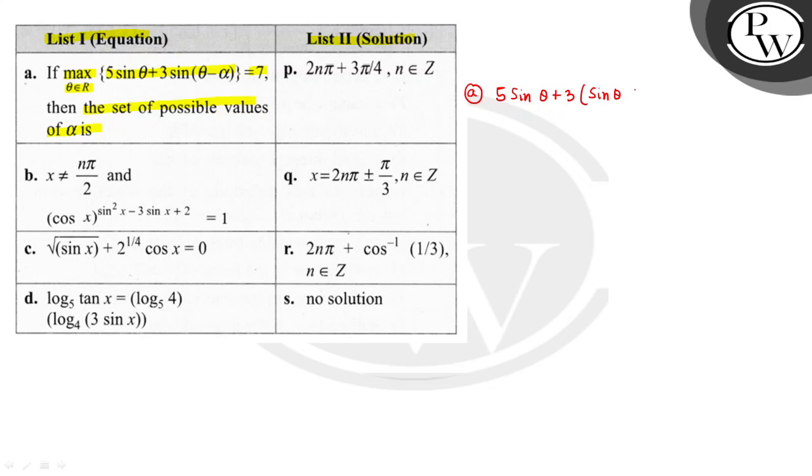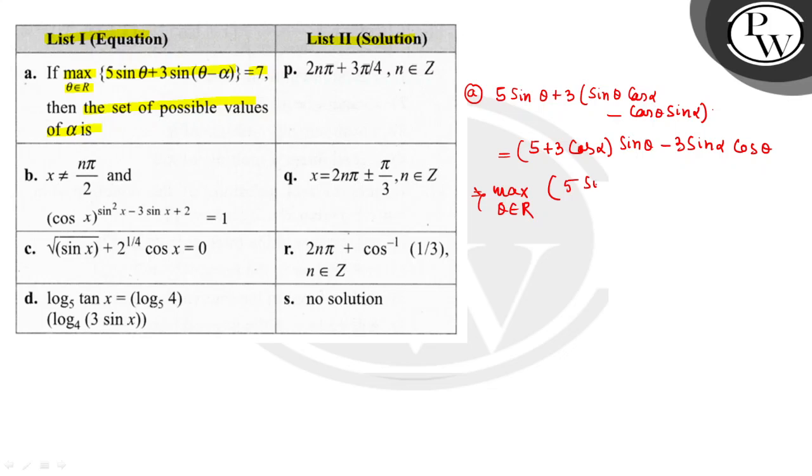What is the formula? Sine theta cos alpha minus cos theta sine alpha. So you can write this as 5 plus 3 cos alpha into sine theta, and the rest of the part is 3 sine alpha cos theta. After simple calculation, you find the maximum over theta belonging to R, which is given in the problem.